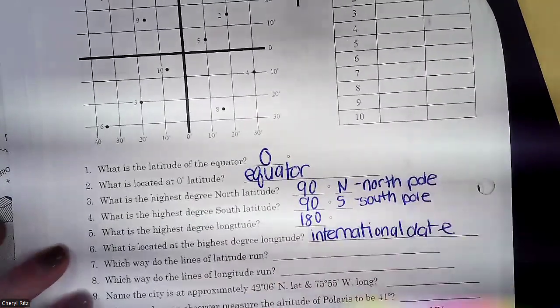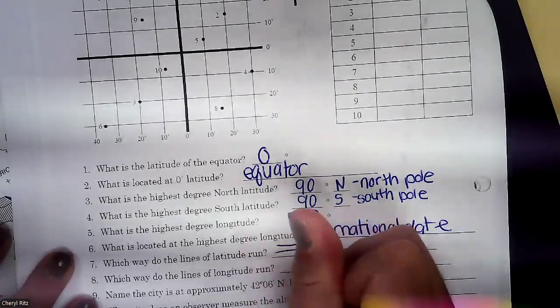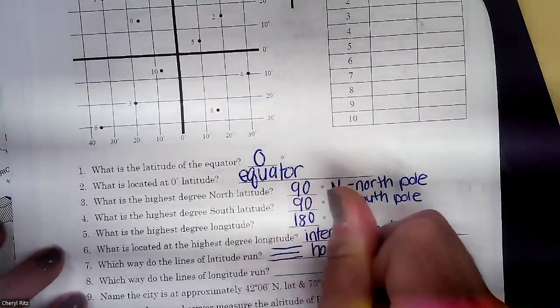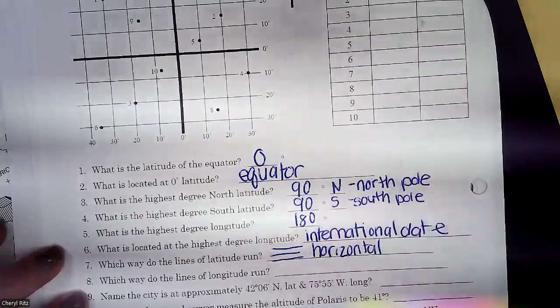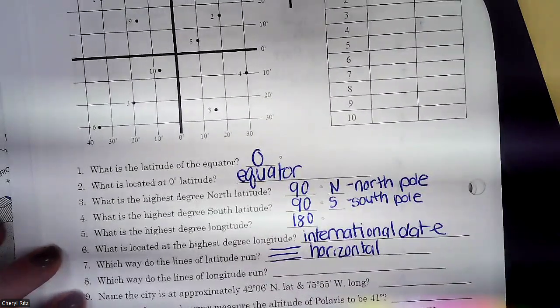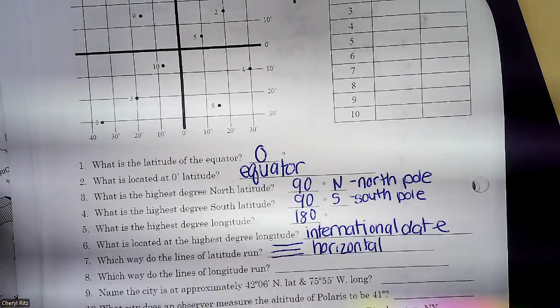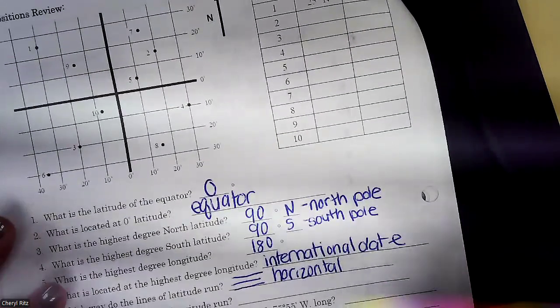Which way do latitude lines run? I want you to remember that these go the flat way, or horizontal. I did see some people writing that these go east to west. You're not wrong, but I don't like to talk about that because remember that latitude lines measure north to south.